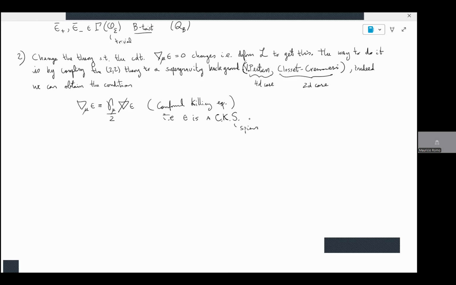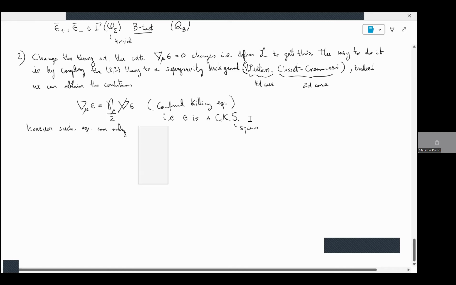There is another problem, however. It is a happy situation, but not so happy. Such an equation has non-trivial solutions only in the cases where sigma has isometry. So let me tell you the cases you can do.